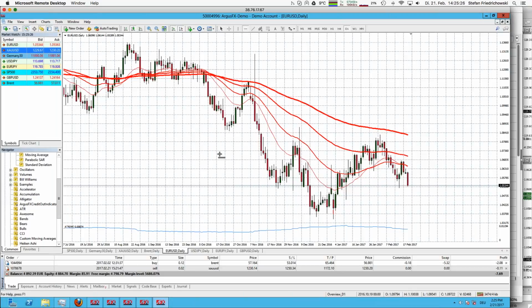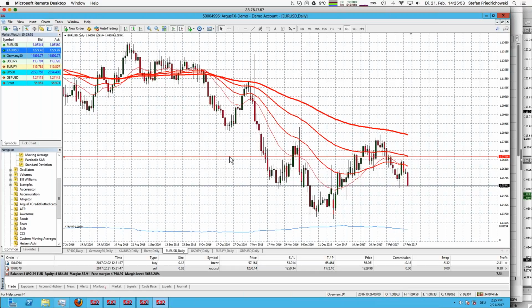So let's draw a line, for example, here, and let's do that a little bit more to the south, like here. So maybe the price might go back to that level. Then I would exactly say, now we have a good opportunity. So that's nice.